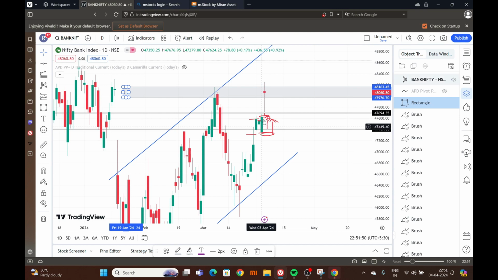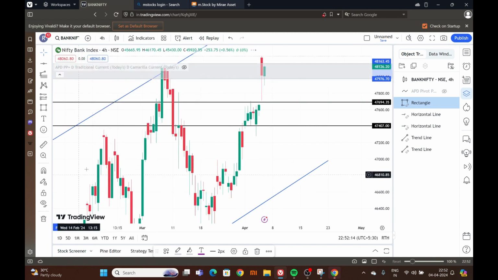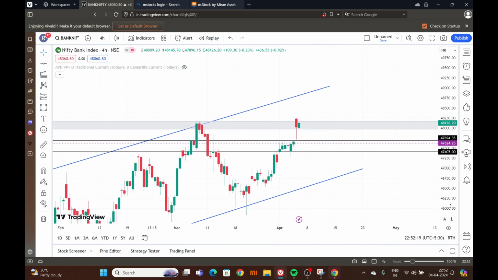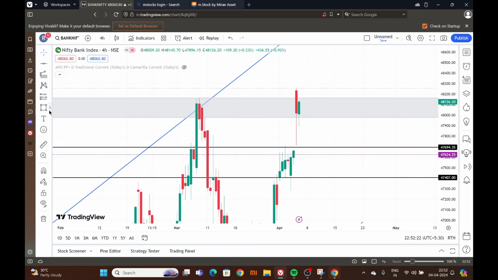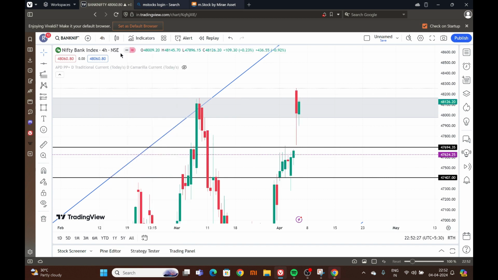So I took a position at 3:30, close to the end of the trading session. I took a buy position. Before that, we need to understand the shorter time frame sentiment. Let me switch over to the 4-hour time frame. So in the 4-hour you can see this is the resistance and this is the breakout, breakout and close.